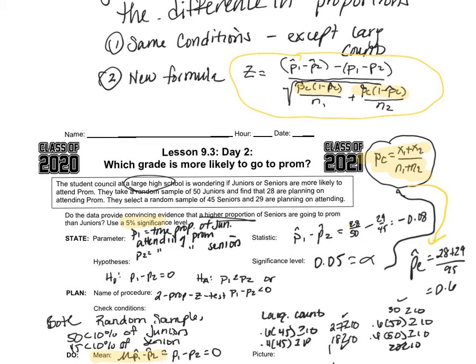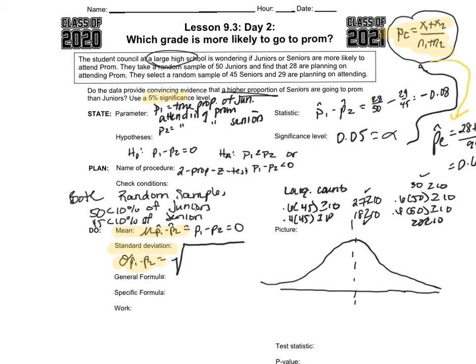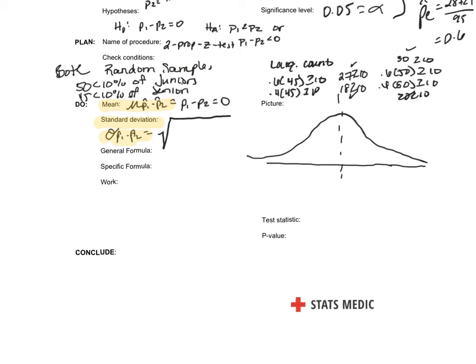All right. Let's go back down and actually write our formula in. Okay. So this is going to be 0.6 times 0.4 over 45 and 0.6 times 0.4 over 50.